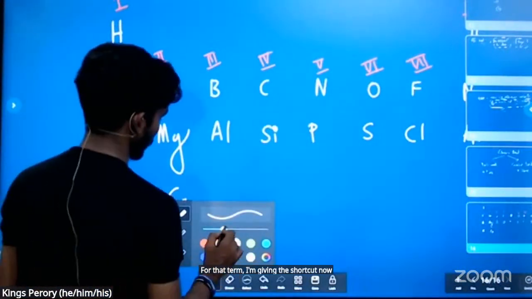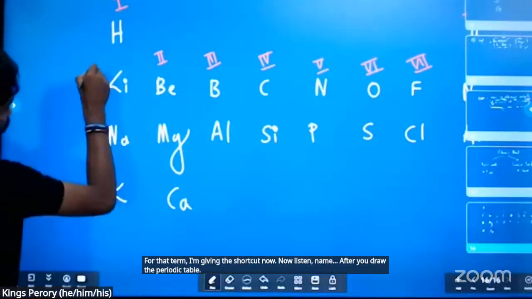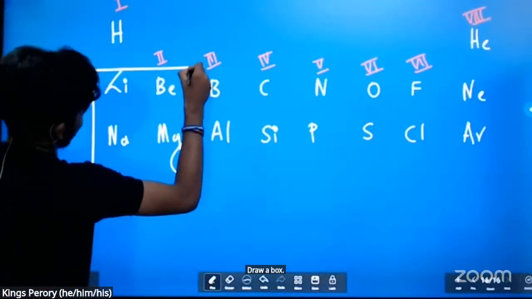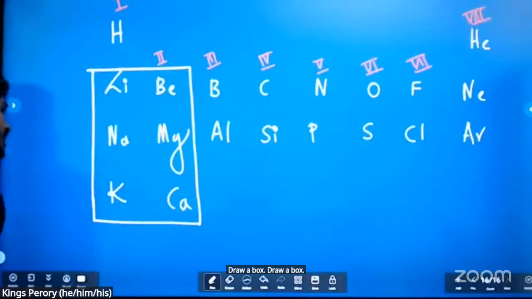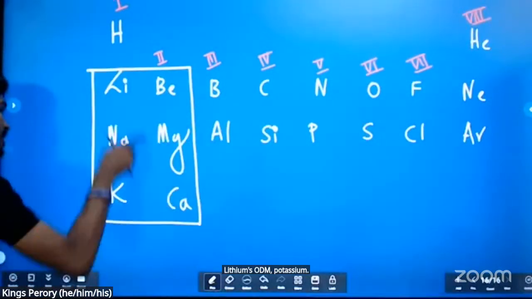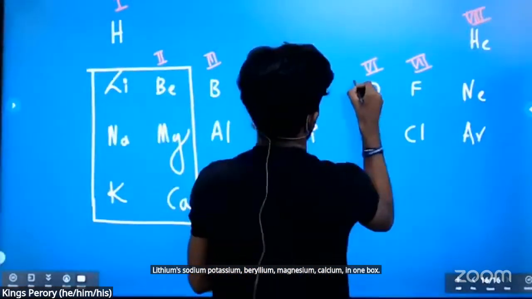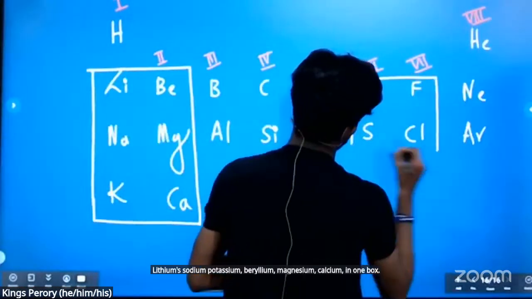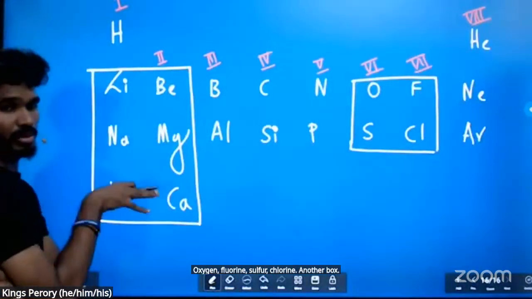Now listen. After you draw the periodic table, draw a box. Lithium, sodium, potassium, beryllium, magnesium, calcium in one box. Oxygen, fluorine, sulfur, chlorine, another box.